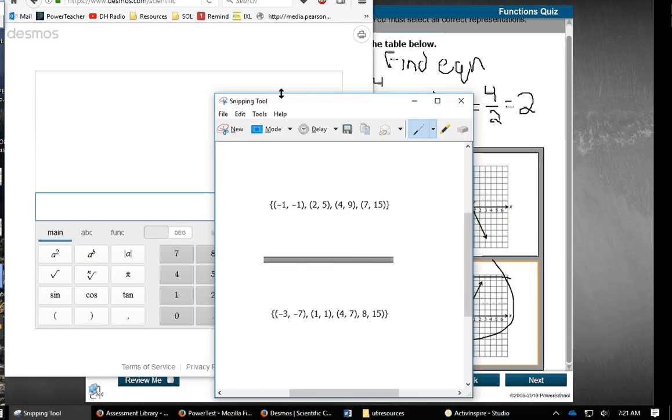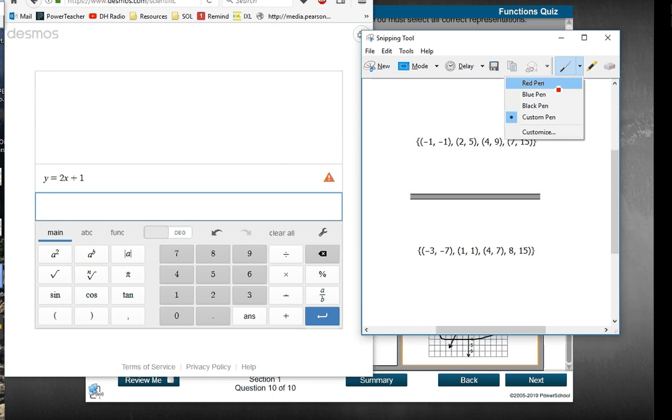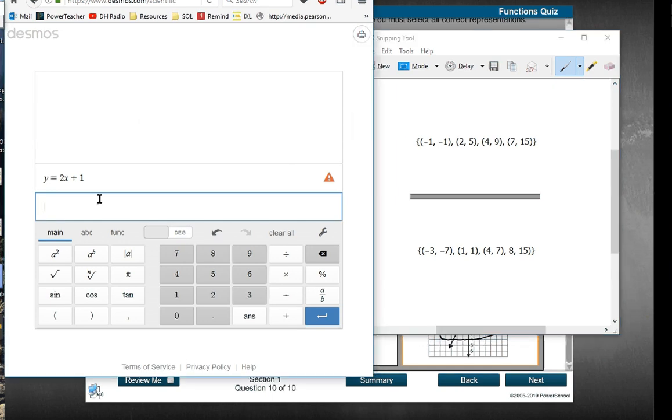Let's say our equation is, again, I use that keyboard, y equals 2x plus 1, and I press enter because I'm trying to define what that equation is. Now I can test to see which of these points actually works.